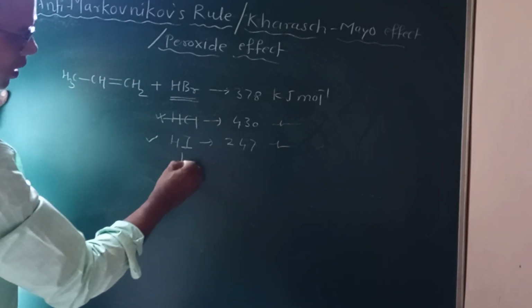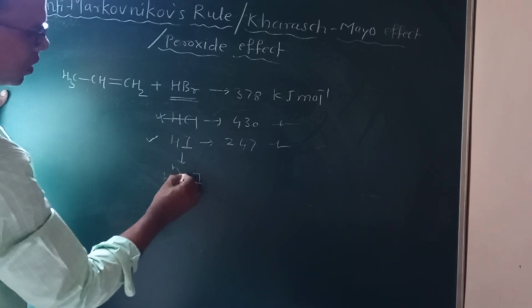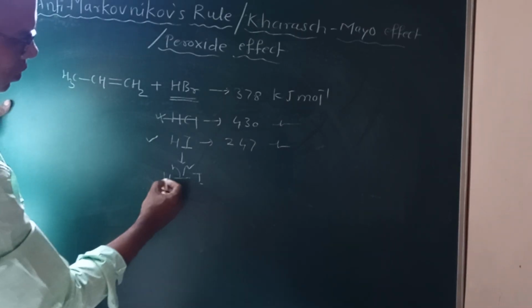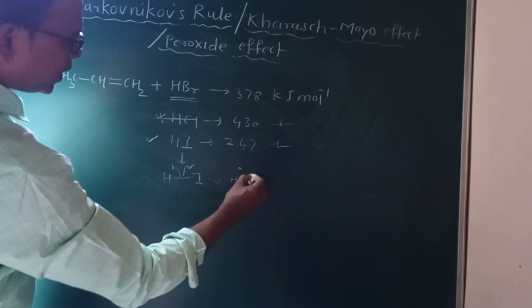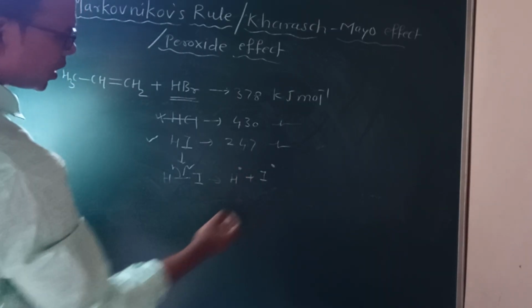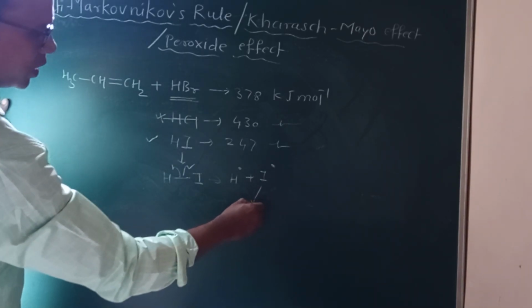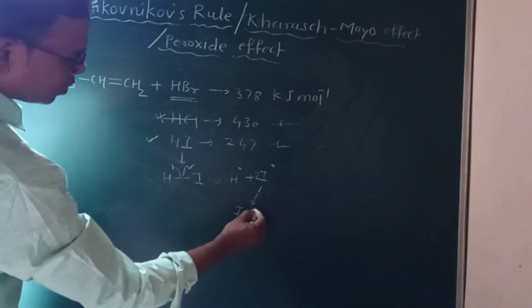Because HI on dissociation undergoes homolytic fission, as this rule follows a radical mechanism, giving rise to H dot and I dot. We get two radicals, a hydrogen radical and an iodine radical, and two such iodine radicals couple together, giving a stable molecule of iodine.